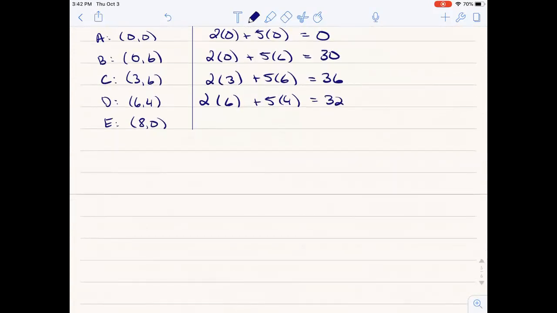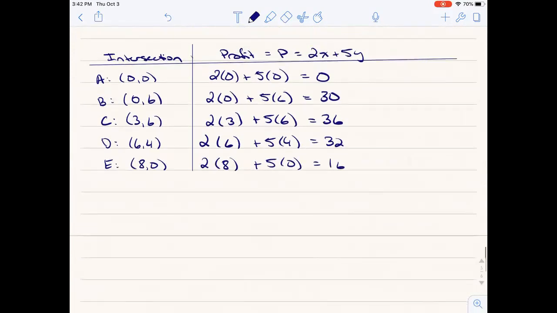Close, but no cigar. 2 times 8 plus 5 times 0 is 16.